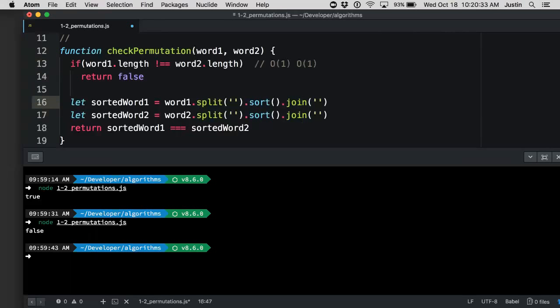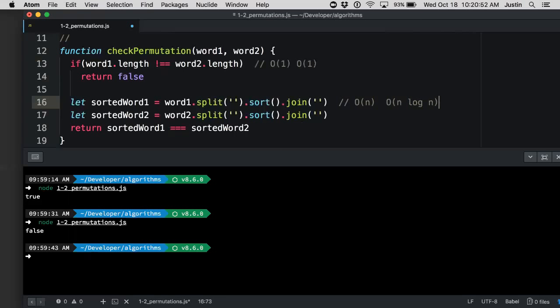So here we've got a split, a sort, and a join. And so we said the split is likely big O of n, and the sort is n log n.